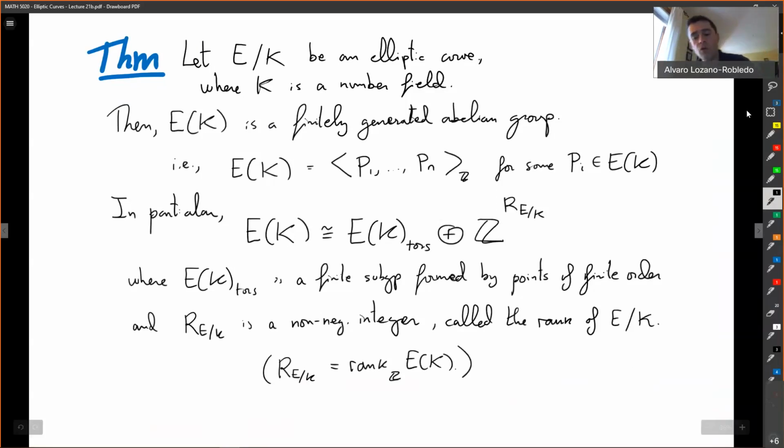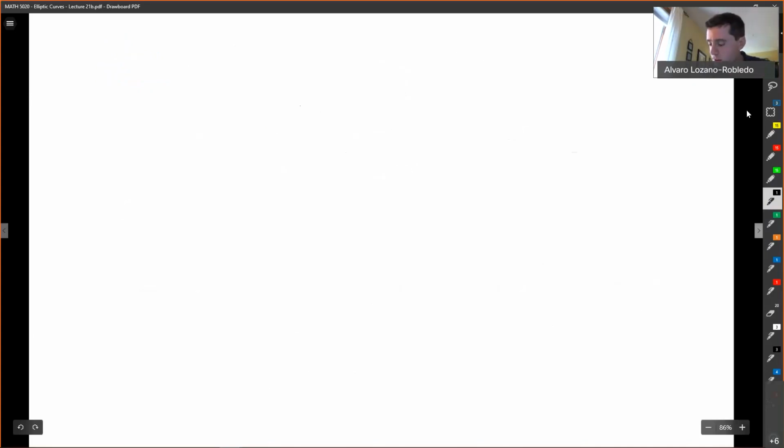All right, so this is what we want to prove. And I want to give you an overview first of how we are going to do this. We're going to do this in 2 steps. This is the Mordell-Weil theorem, and this is the strategy.